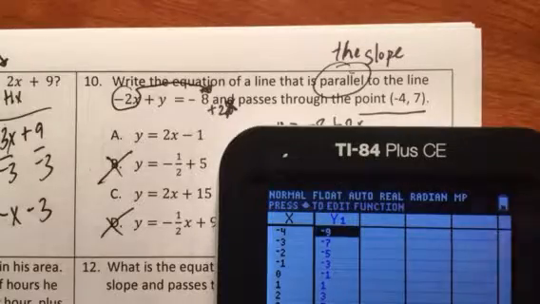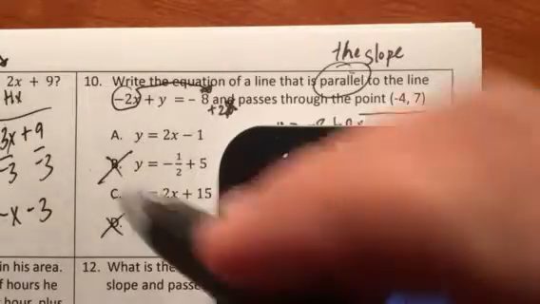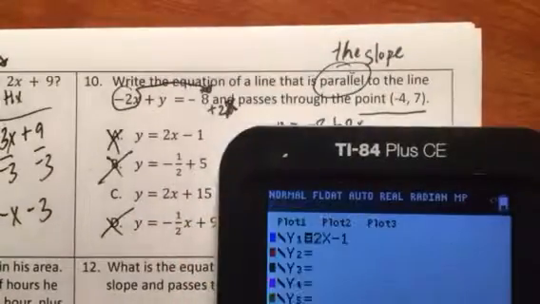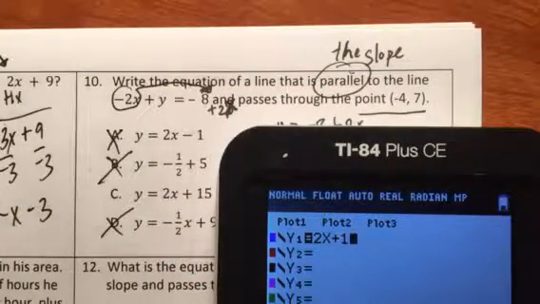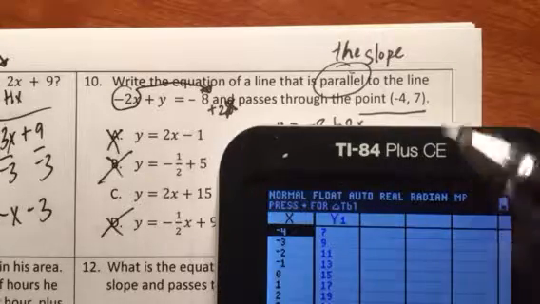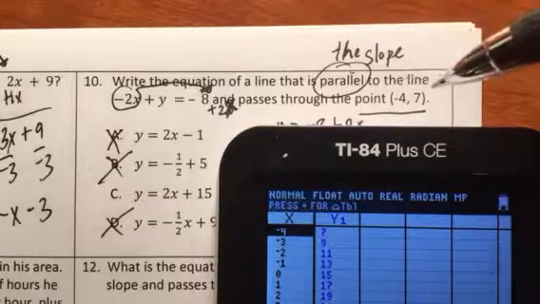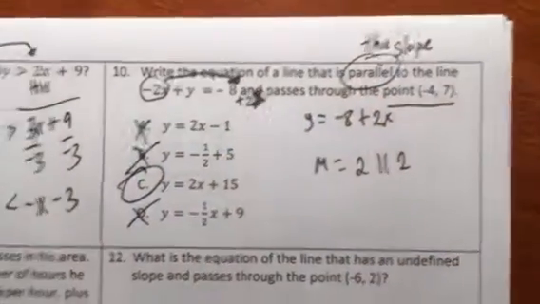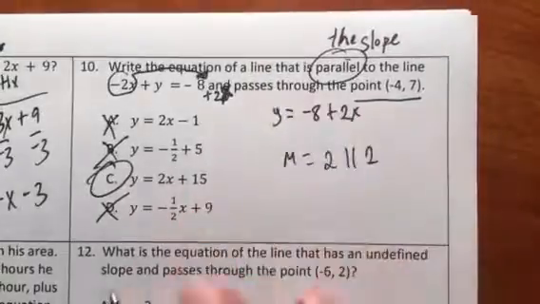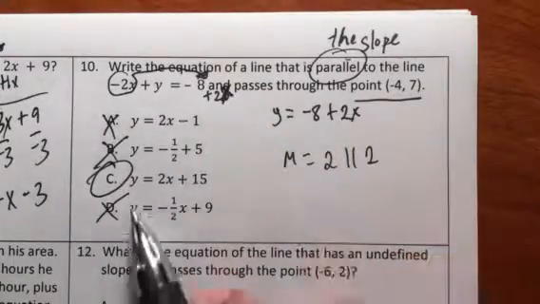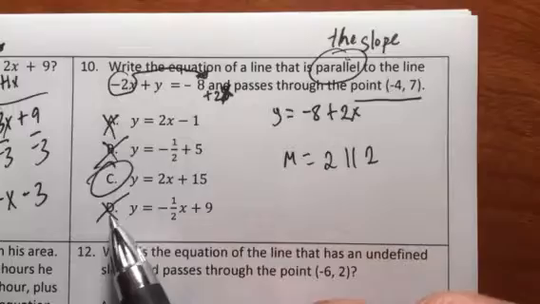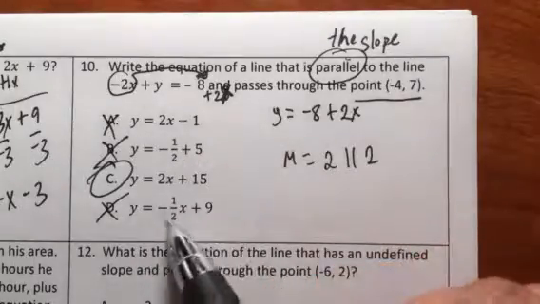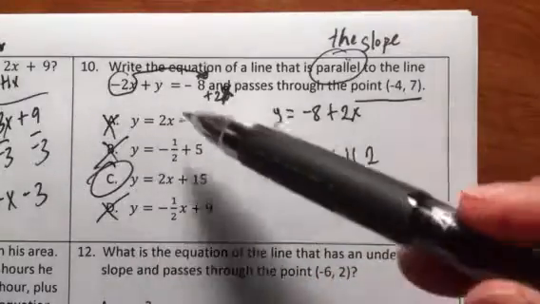If it's correct, that point should say 7. So it's not A, but I'm going to check my answers because there's times where I could type something incorrectly, and I need to make sure that I have the right answer. So -4, 7, that checks. So there's my answer. Alright, so again on this one, you have to get the parallel slope, and then you eliminated B and D because it's not the right slope, and then from there you went to y equals.